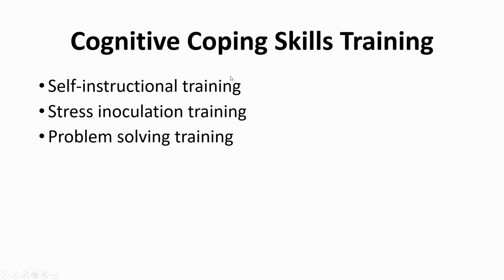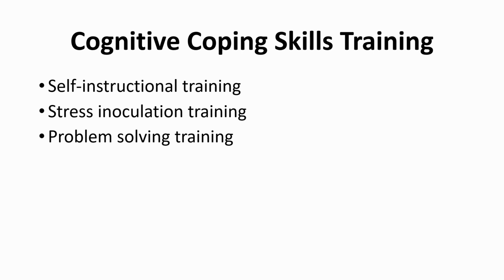But what we're going to do is move on and talk about cognitive coping skills training. Now, where cognitive restructuring is usually used to deal with problems where there is an excess of cognitive behaviors, where we want to reduce some of those negative thoughts or negative situations, for cognitive coping skills training, we're doing the opposite.